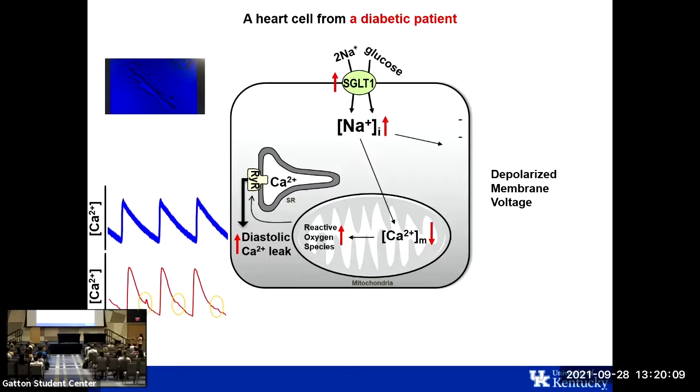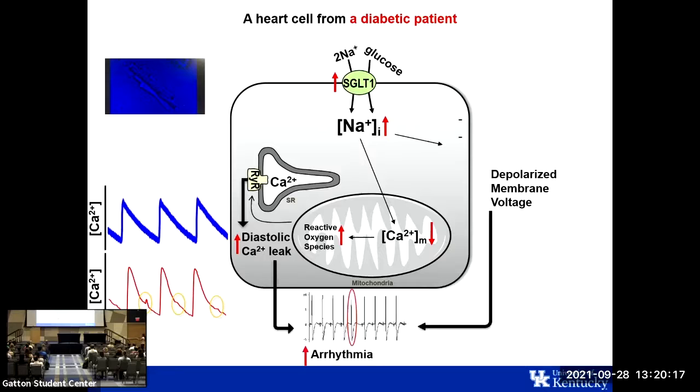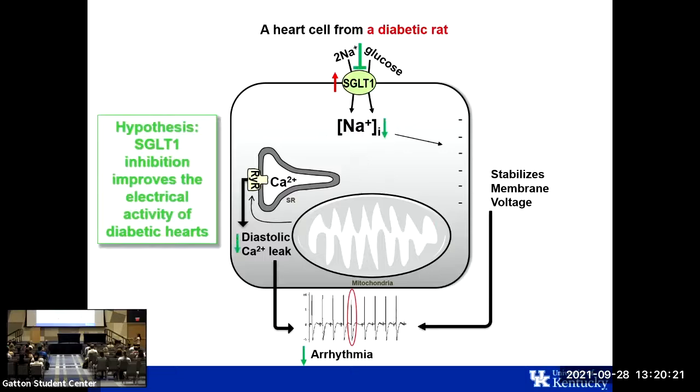So instead of releasing calcium just during the systole, it can also release calcium during the diastole. All these can lead to arrhythmia, which is irregularity in beats. So we hypothesize that if we block this transporter protein, then we can reduce the sodium, stabilize the membrane, reduce the calcium leak during diastole, and reduce arrhythmia.